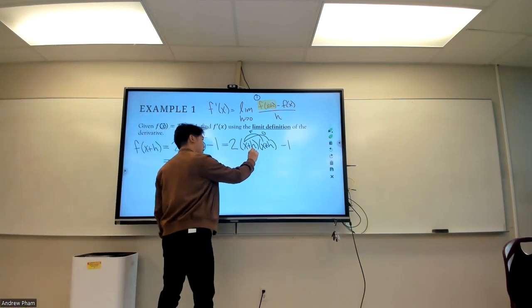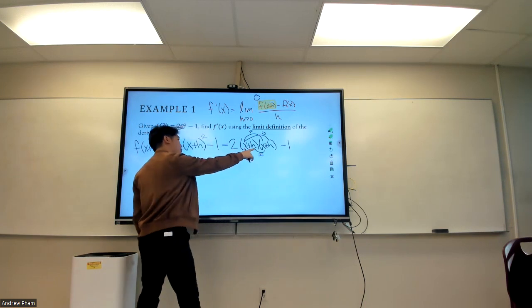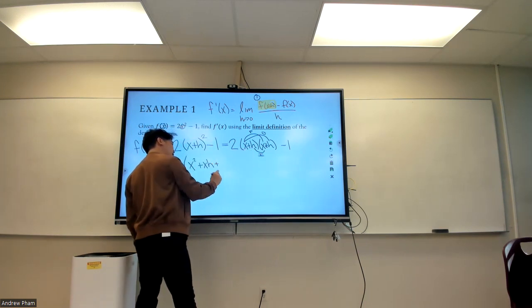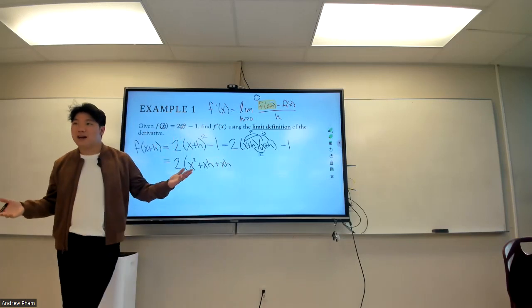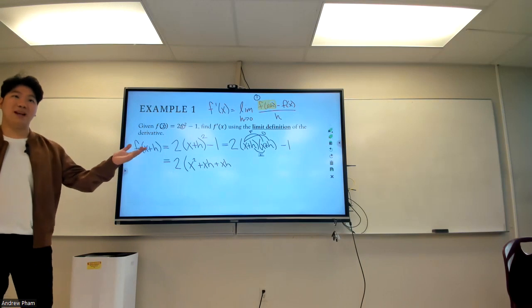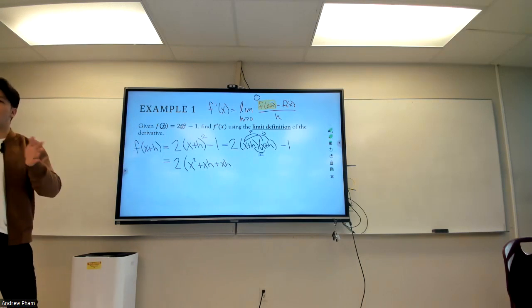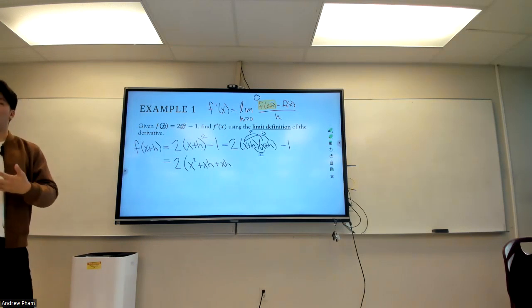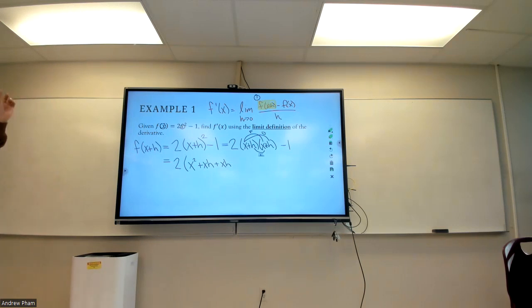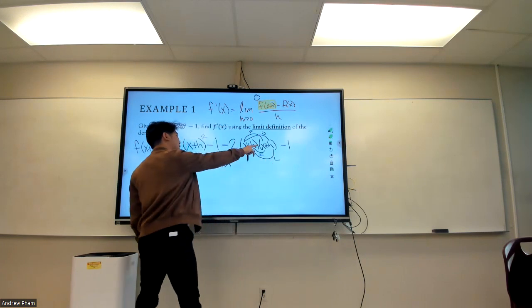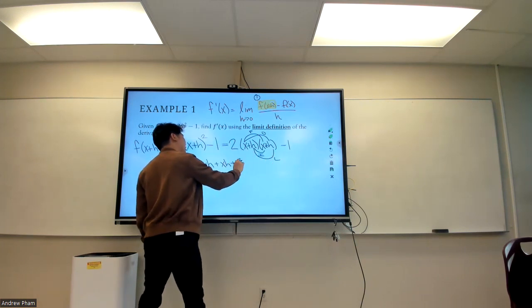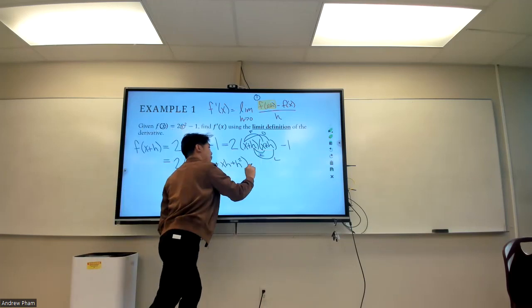Next are the insides. What do I get whenever I multiply the insides, plus what? Yeah, we get xh or hx. You might write down hx just because you see h first, but remember, in multiplication, we can swap it around. x times h, same thing as h times x. Just how 3 times 4 is the same thing as 4 times 3. The order doesn't matter whenever you multiply. And then L, last times last, we get h times h, giving me h squared. And I still have this minus 1 at the very end.